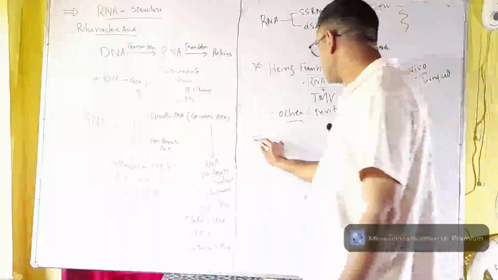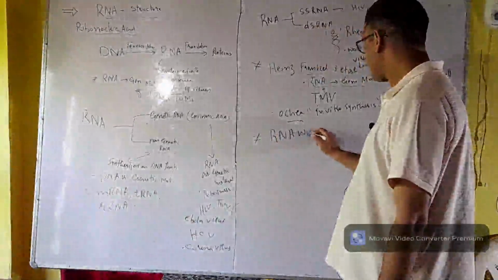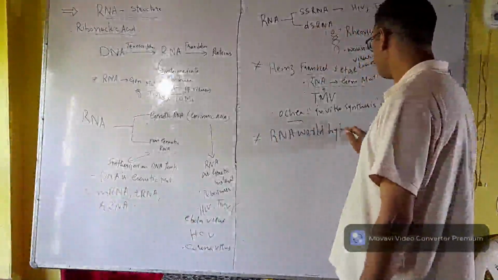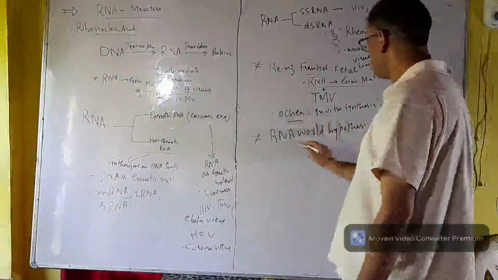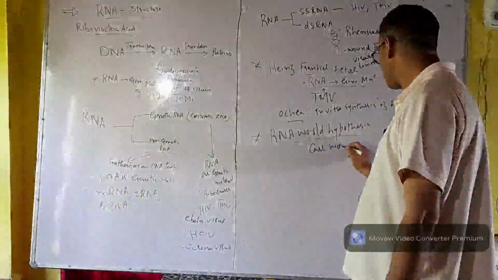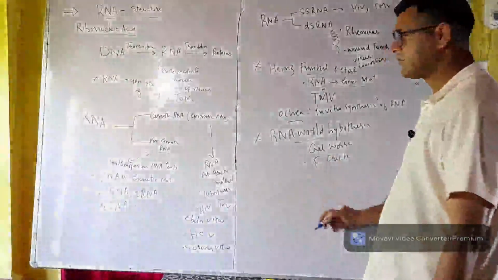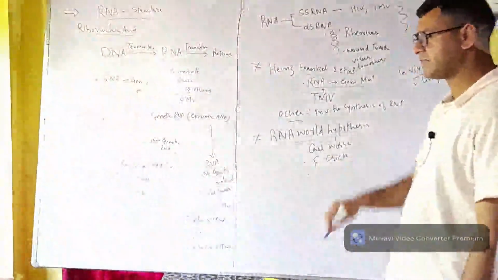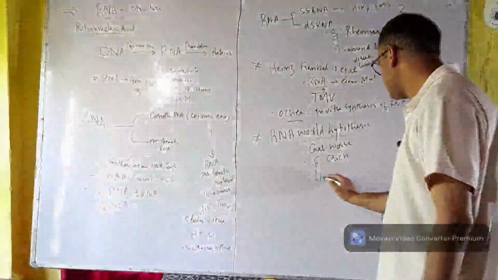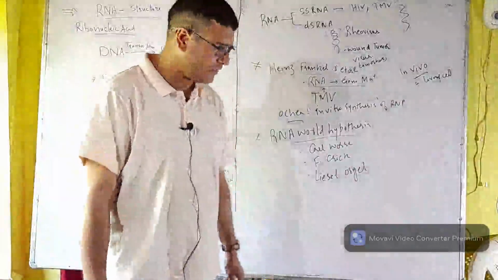Then we have the RNA world hypothesis. This RNA world hypothesis was given by Carl Woese, Francis Crick, and Leslie Orgel.